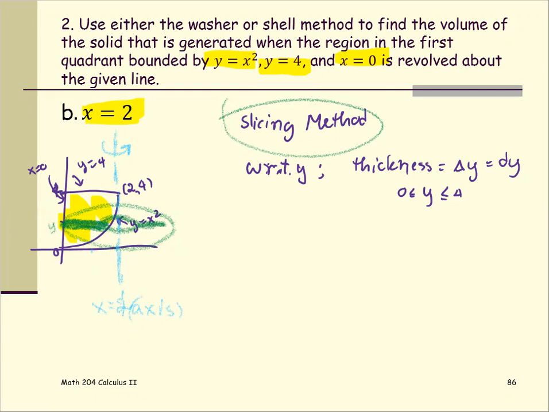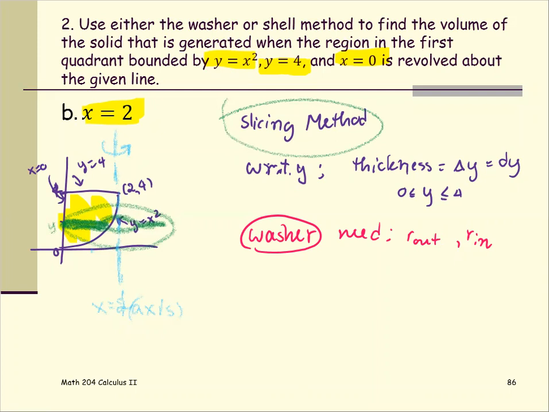Make a note: this is about the washer. For the washer, we need the outer radius and the inner radius. The outer radius is measured from the axis of revolution to the furthermost curve, and the inner radius from the axis of revolution to the closest curve to it.